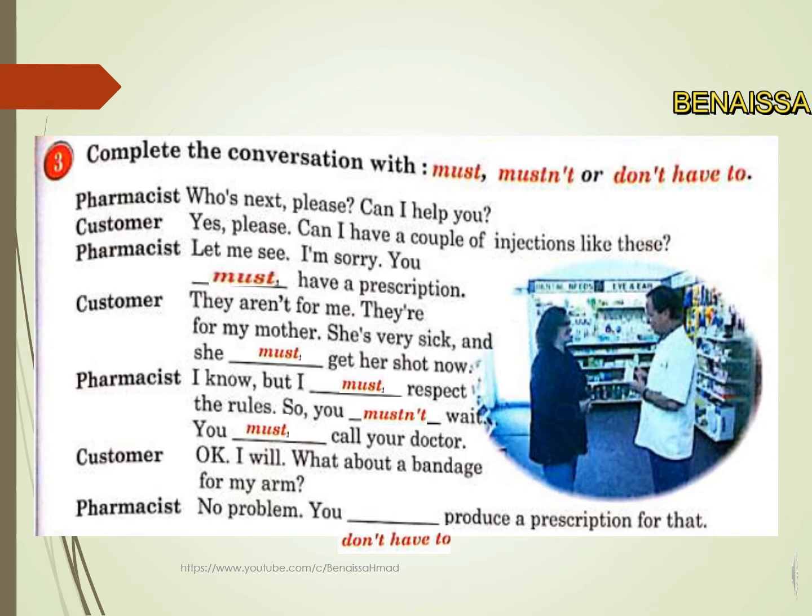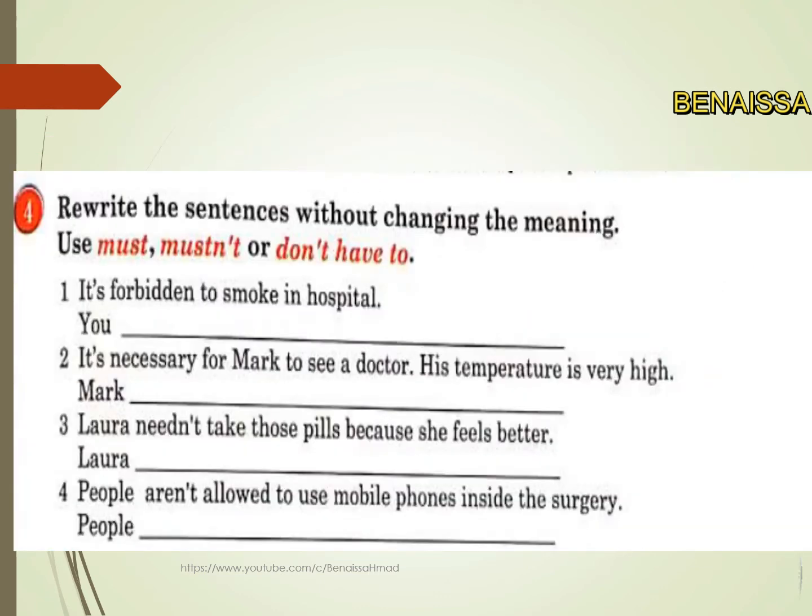Now let's try to rewrite the sentences without changing the meaning. نحاولوا نديروا إعادة كتابة الجمل دون تغيير المعنى. So you can take, for example, 4 minutes. Pause the video. Okay, let's correct. Here is the correction.